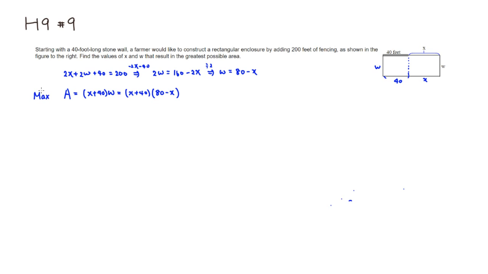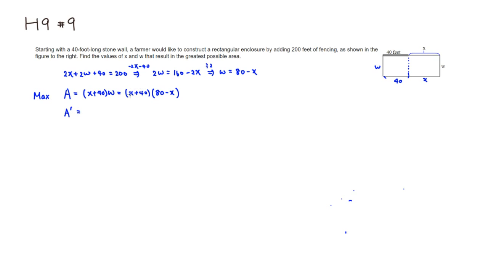As you can see, this is a parabola with a negative leading coefficient, so it's a downward-facing parabola. The maximum happens at the vertex, but we can simply take the derivative here.